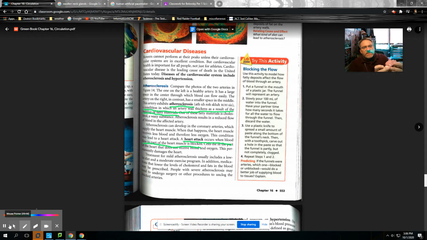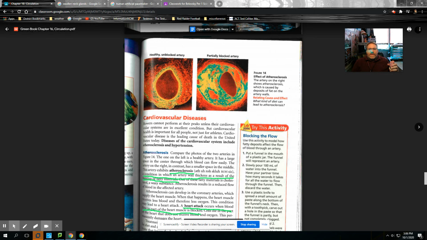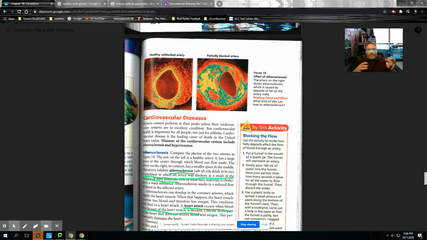And so if this thing right here gets blocked because you ate too much barbecue during your lifetime, or too many potato chips and ice cream, if it gets blocked like what you see in this picture right here, then you have a heart attack. And a heart attack is when the part of your heart doesn't get enough oxygen and it can't beat properly. And that is what a heart attack is.